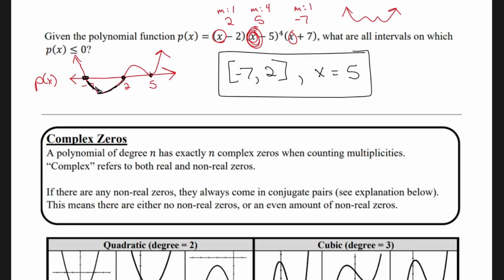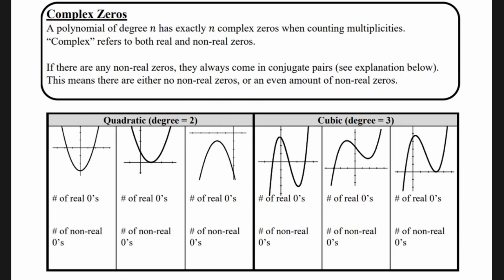All right, complex zeros. Let's talk about those. A polynomial of degree n has exactly n complex zeros when counting multiplicities. Complex refers to both real and non-real zeros. You might remember imaginary numbers. An imaginary number is the square root of -1.